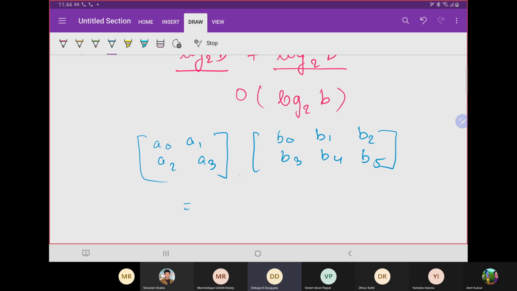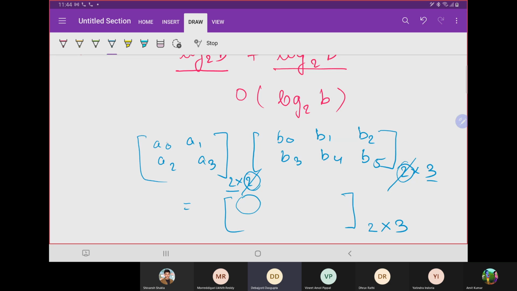So the result matrix, you see, this is 2 cross 2 dimension, this is 2 cross 3 dimension. What will be the result matrix? You see that these dimensions will always be the same, hence we will ignore this dimension. So the resultant matrix will be of the form 2 cross 3. This and this, right? Resultant matrix will be of the dimension 2 cross 3.